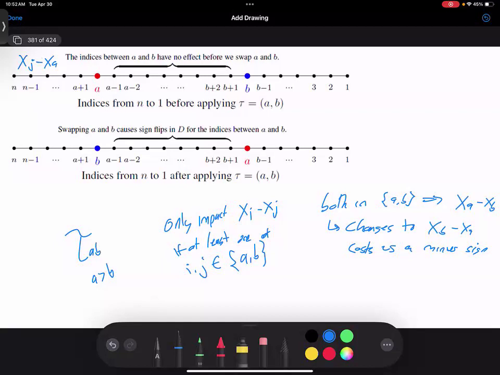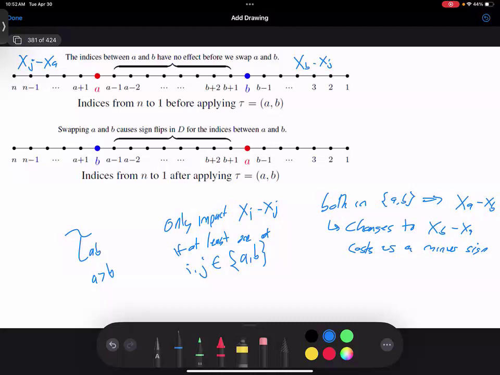If I move a to b, is it going to change xj minus xa? It's not going to cost me a minus sign to keep the larger index first. So there'll be no change there. Similarly, if I have xb minus xj and I move b to a, that's not going to change the stuff there. So I only have to worry about when my index is between a and b.